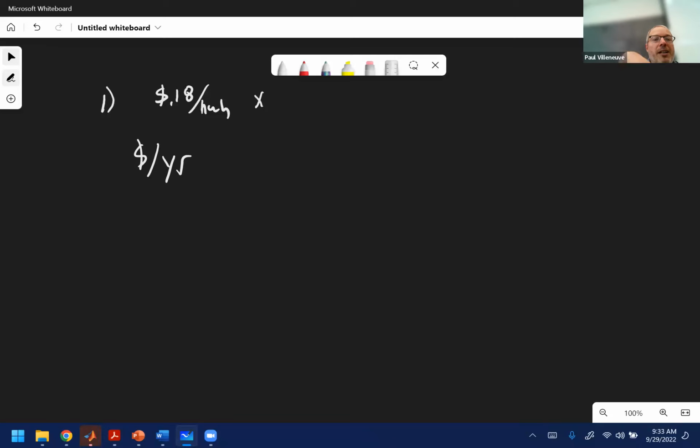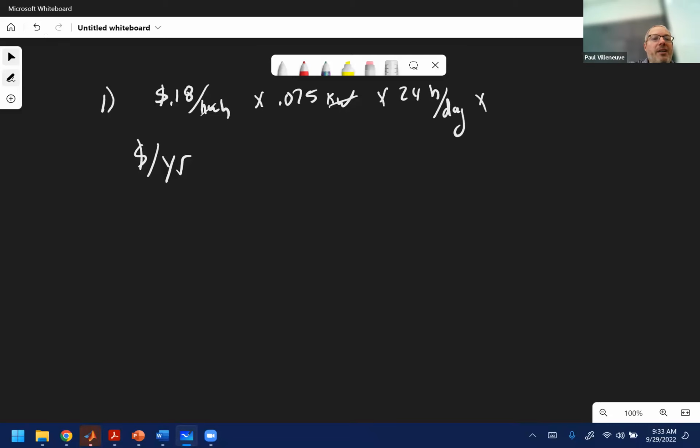So if I multiply this by 0.075 kW, because that's the rating of the light bulb in kilowatts, I can cancel out my kilowatts here. Now I'm in dollars per hour. I need dollars per year. So I multiply by 24 hours in a day.